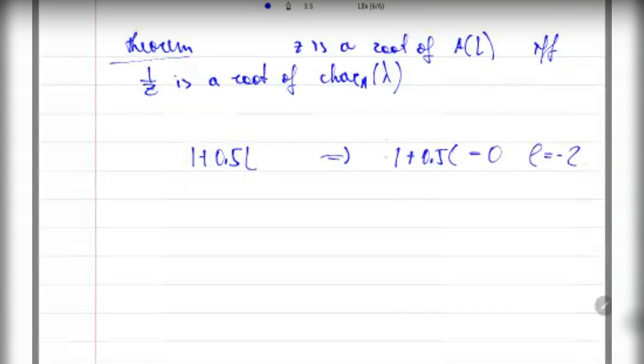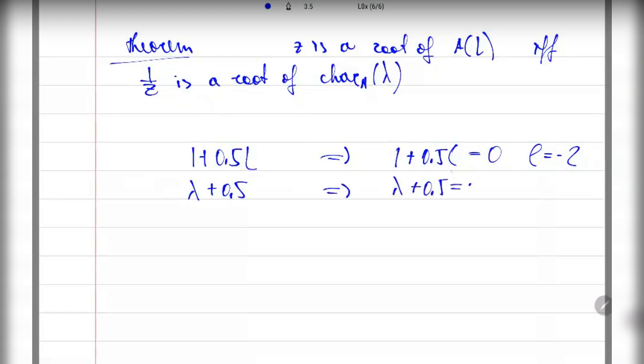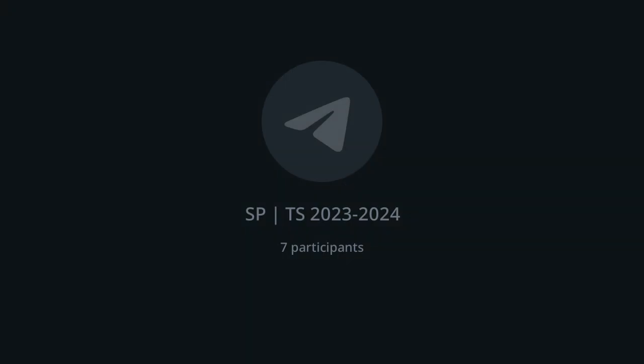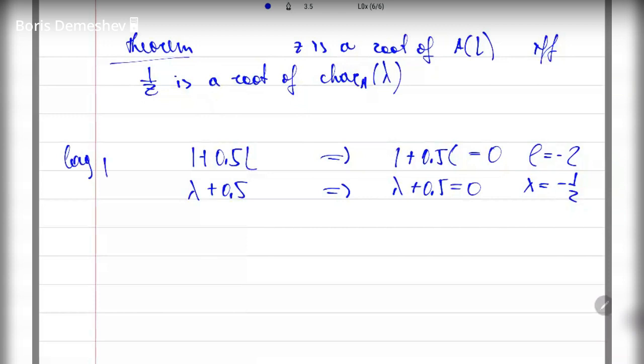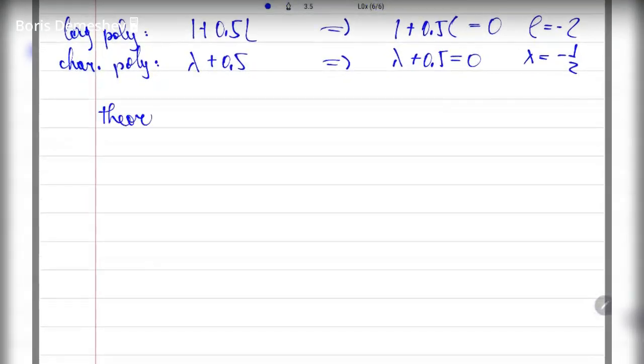But if you write the characteristic polynomial lambda plus 0.5 and find the solution, you will get lambda equal to minus 1 over 2. The roots are inverse. So that's a lag polynomial, that's a characteristic polynomial. And now the third theorem, theorem 3.